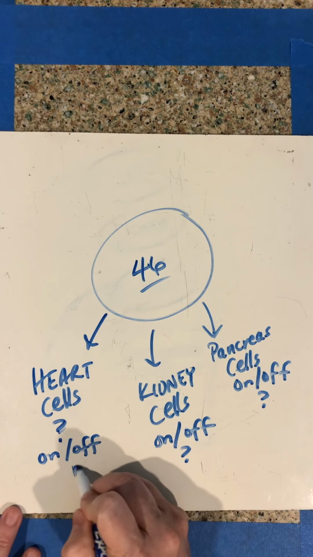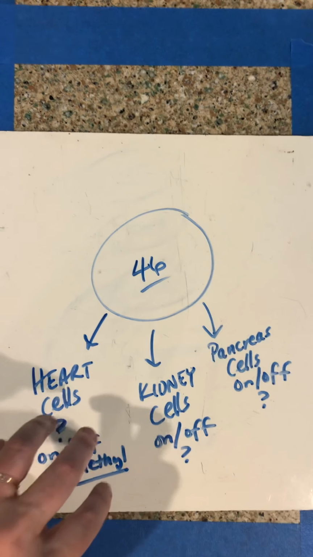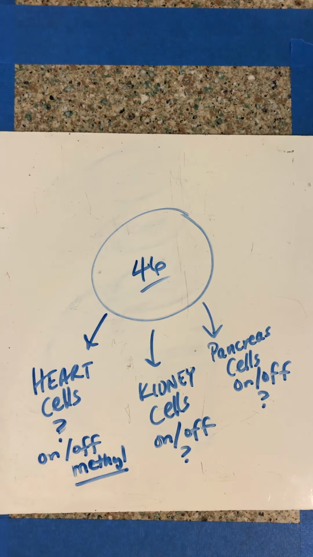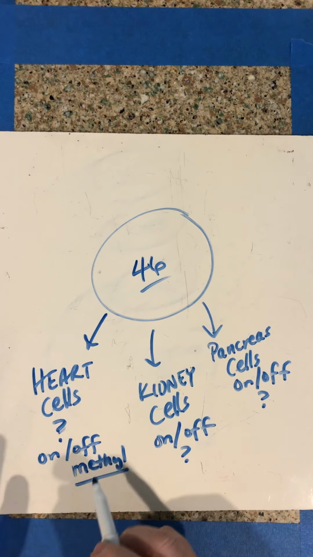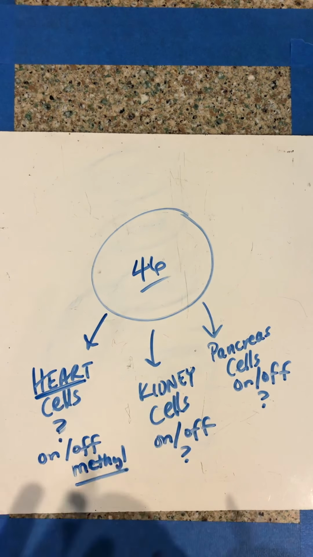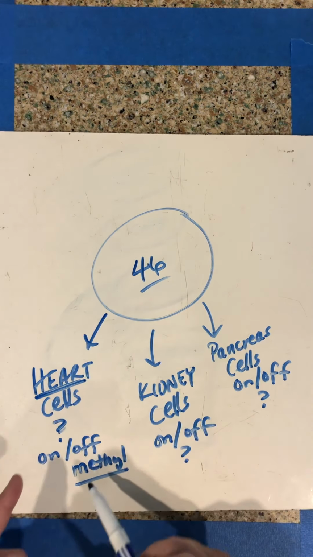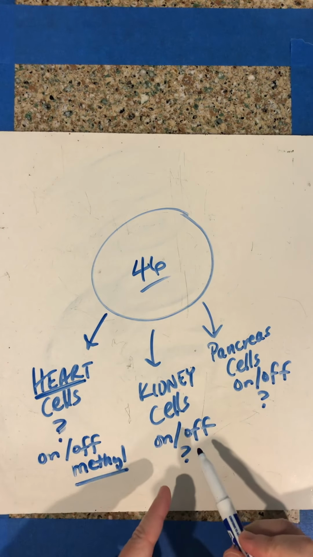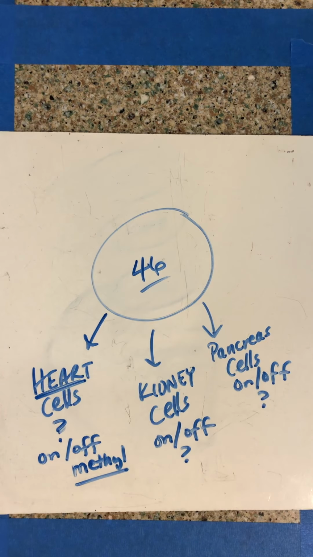The way they turn genes off is they methylate them. So they attach clusters of methyl groups to the actual chromosome and essentially glue the pages shut so that you cannot turn the genes on in the heart that the heart does not need. But the kidney cell might need the genes that the heart cell methylates. So the kidney cell will leave those unmethylated and they will methylate different genes depending on what's necessary for them.